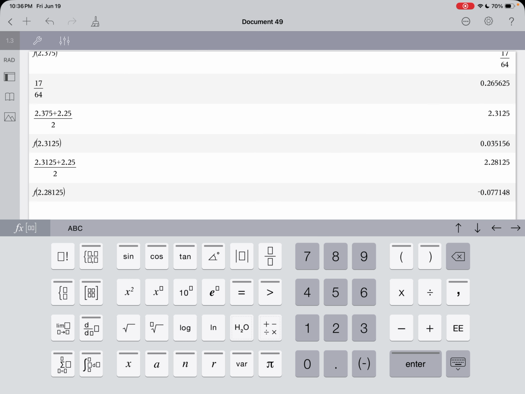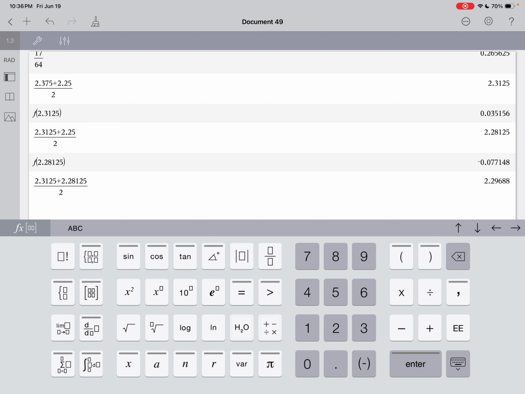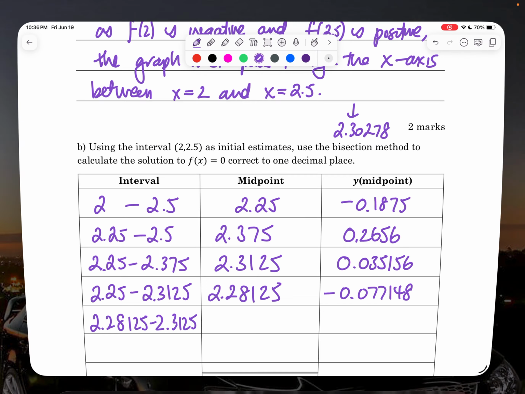Okay. So here we replace that with 2.28125. The midpoint is 2.29688.